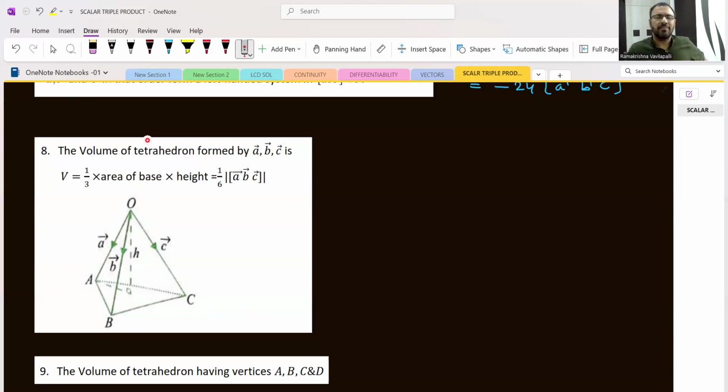So this is equal to 1 by 3 into area of base into height. That is equal to 1 by 6 into modulus of box of A bar, B bar, C bar. Here the triangle is ABC. Proof is similar to that of the parallelepiped.